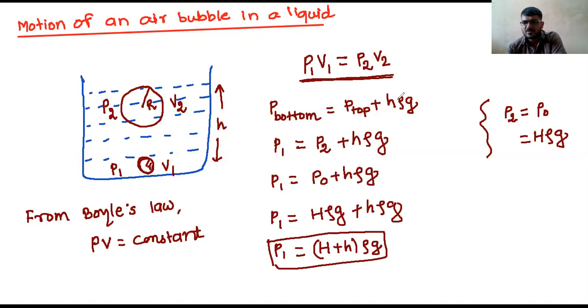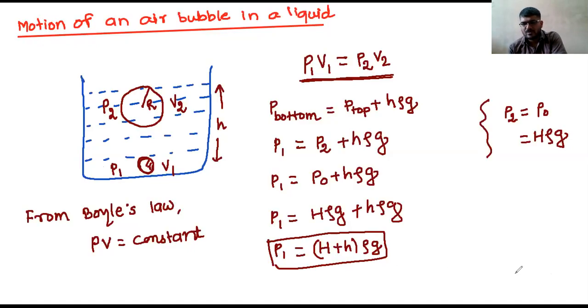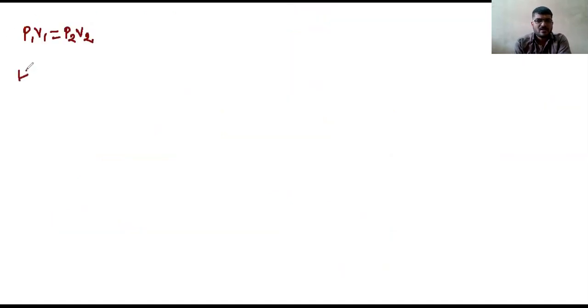So let's substitute these values now in this equation. Understood? Next, we have P1 V1 is equal to P2 V2. Now we have the P1 value. What is P1 value? Capital H plus small h into rho g. So I am substituting at the place of P1, H plus h rho g, into V1 is equal to P2 value.